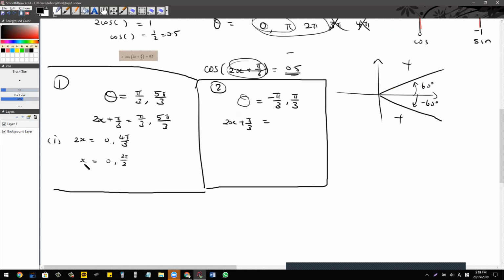Now, once you get your x, then you keep on adding the period, and the period is, in this case, 2 pi over 2 because it's cosine and then there's a 2 here, see? So that's pi. Is the writing a bit too small? No, that's fine actually. Yeah, because if you're using your phone, it might be a little bit.